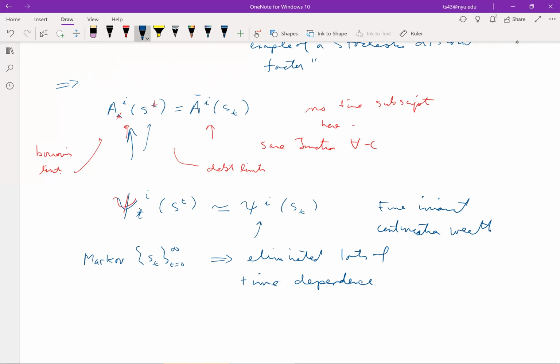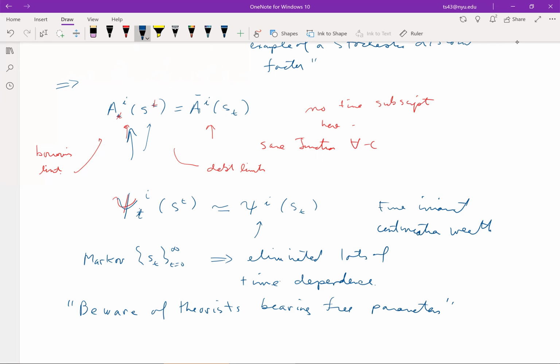Instead of keeping track of the history, we're just keeping track of today's Markov state, and we only need one function that holds for all time. So, if we take the phrase that Arthur Goldberger said and Lucas loved, beware of theorists bearing free parameters, we've taken that to heart.